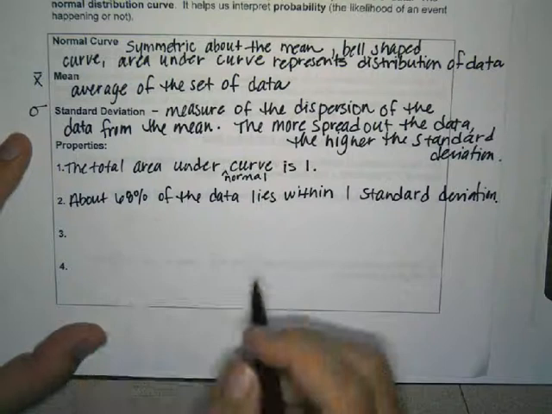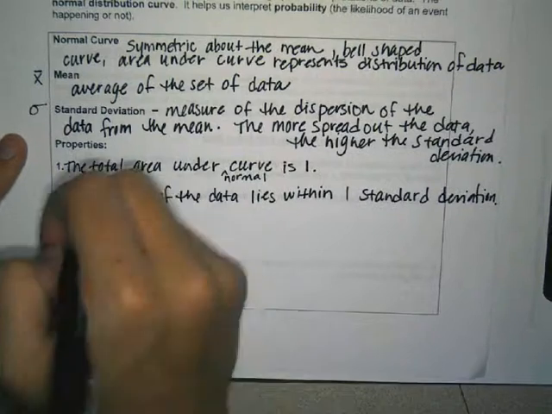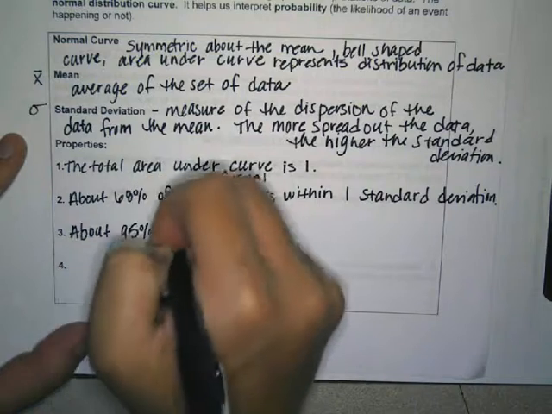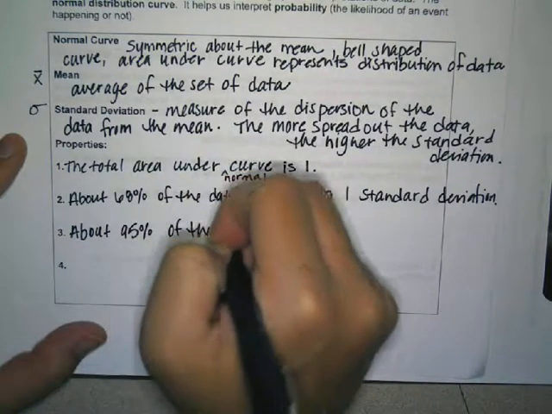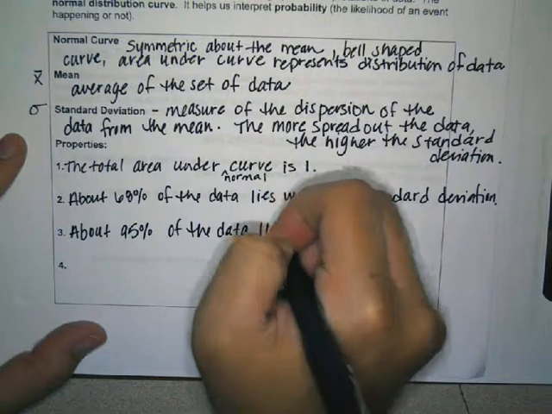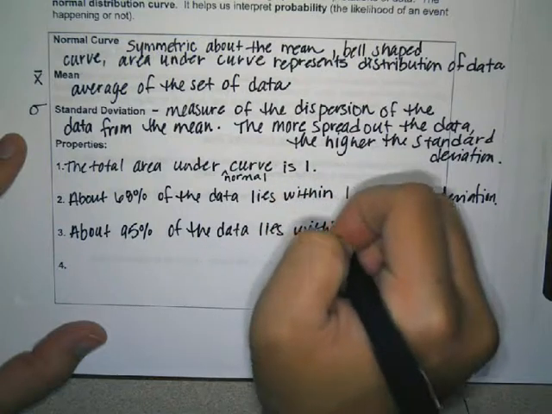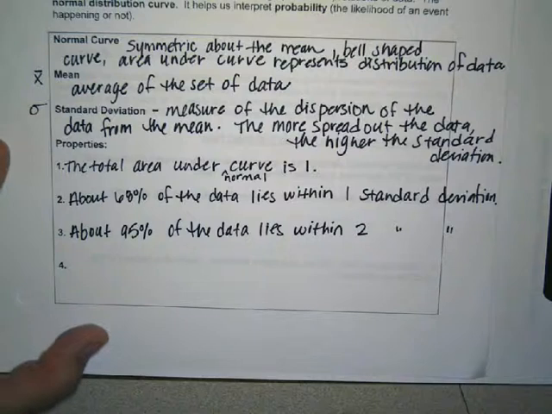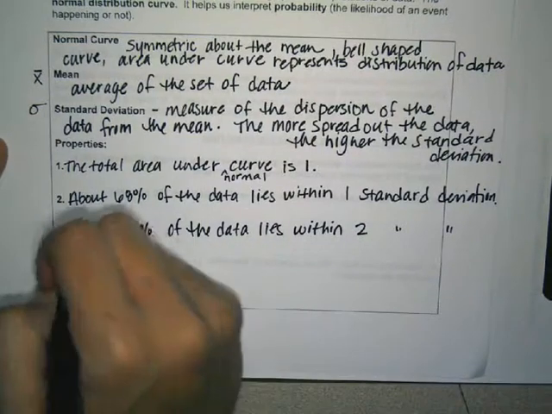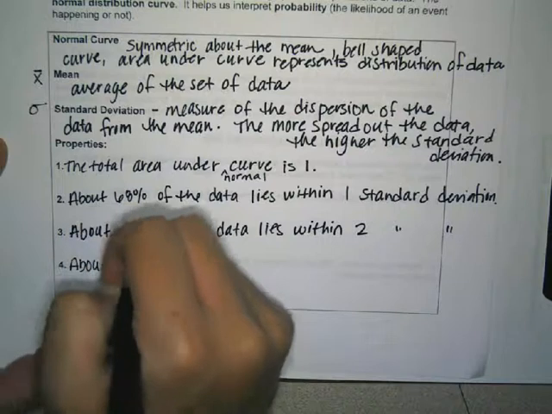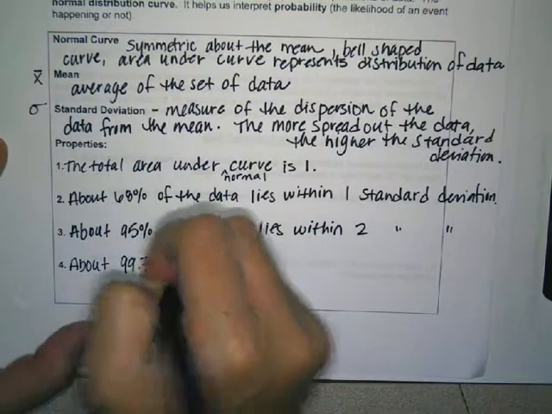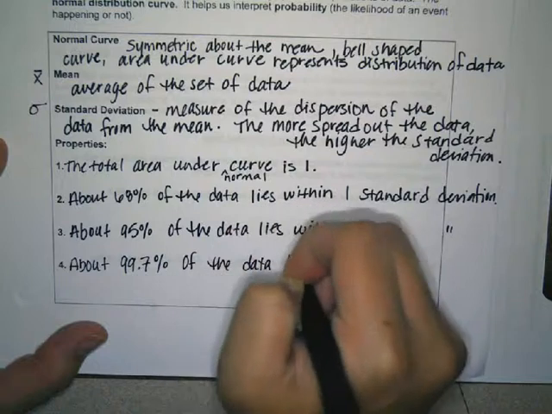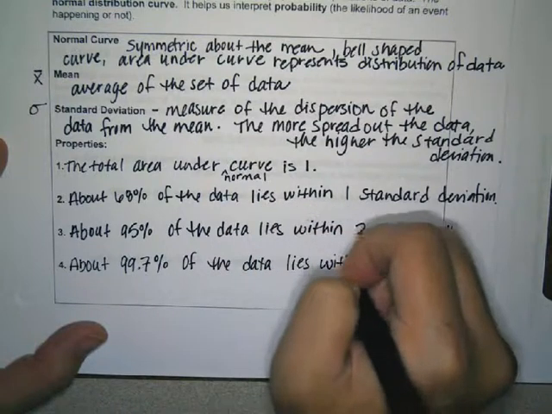About 95% of the data lies within 2 standard deviations. And about 99.7% of the data lies within 3 standard deviations.